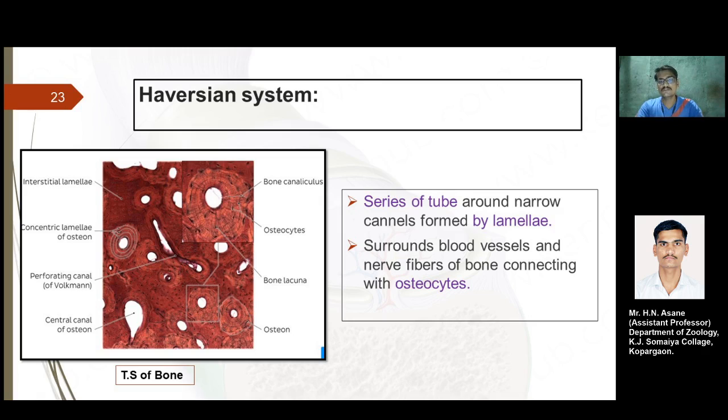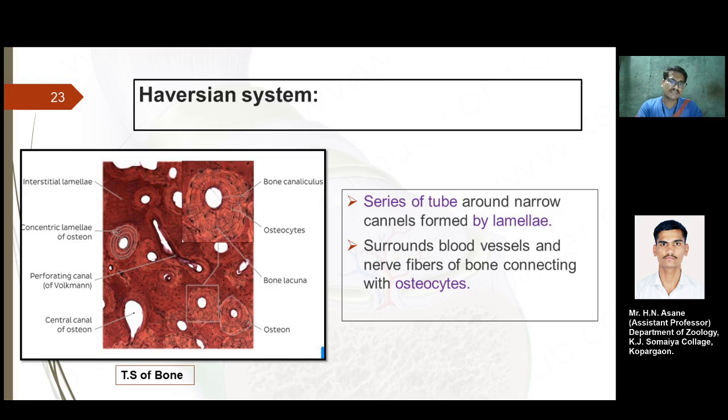The series of tubes around the narrow canals formed by the lamellae are the Haversian systems. The Haversian systems surround the blood vessels and nerve fibers of the bone, connecting with the osteocytes, which are the connecting tissues of the bone.